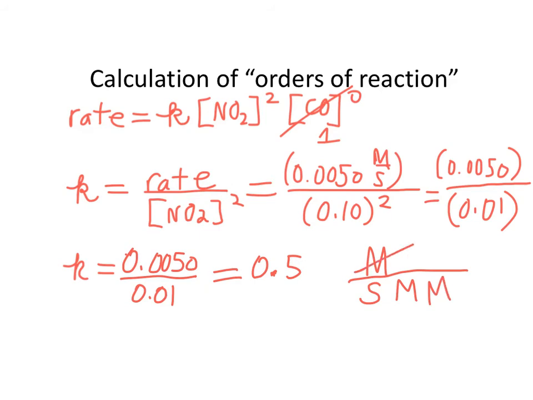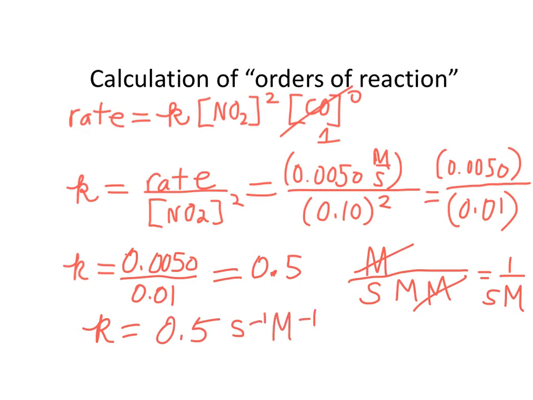So we cancel out the molars, and that comes out to be 1 over seconds times molar, or the way we'd write this is 0.5 s to the minus 1, M to the minus 1. So that would be the value of the rate constant for that reaction we just figured out.